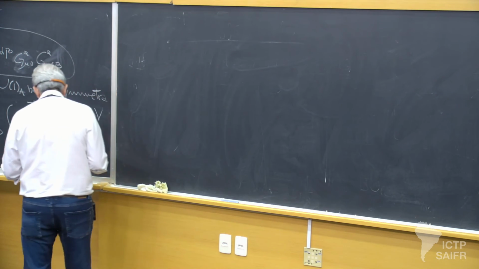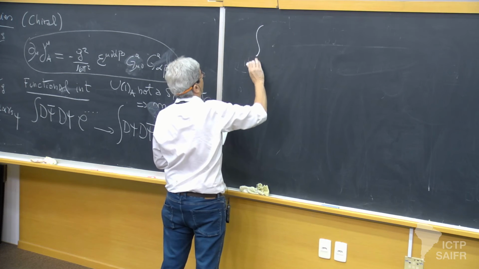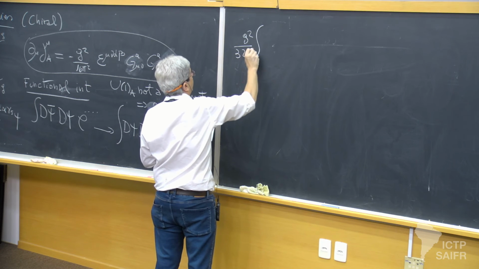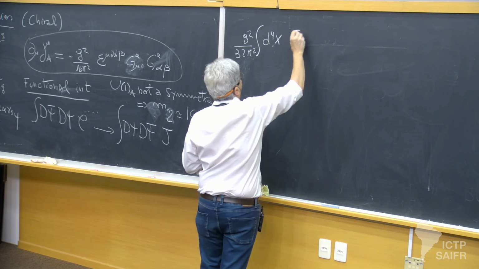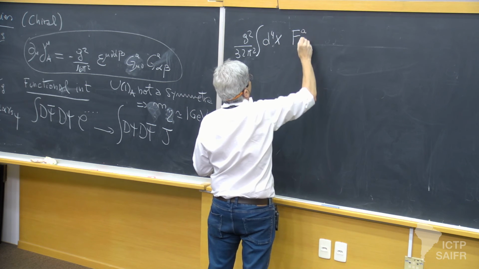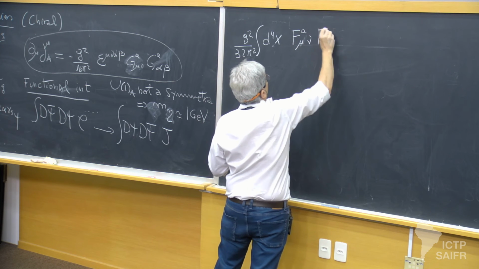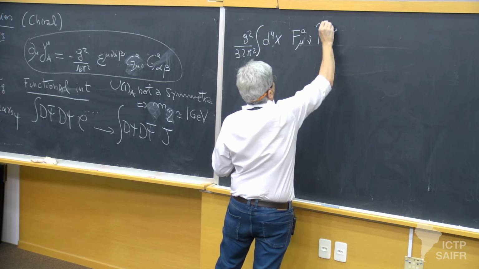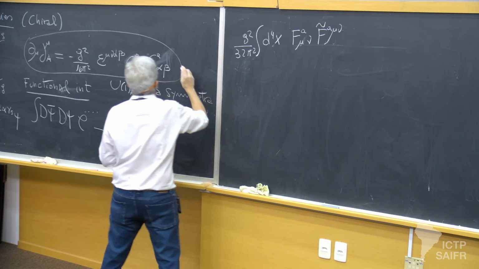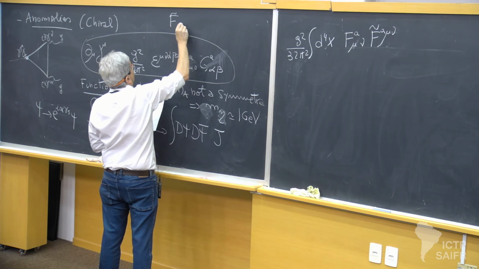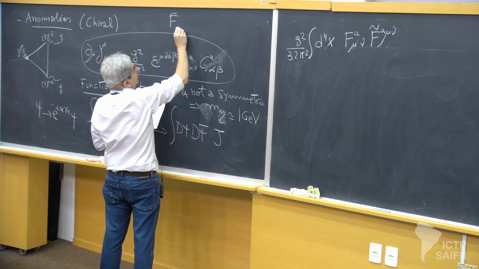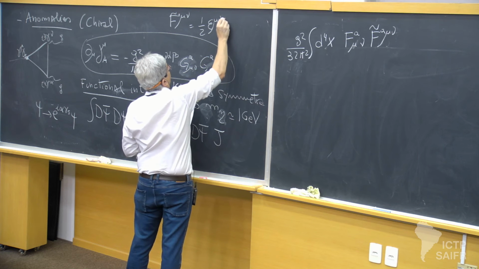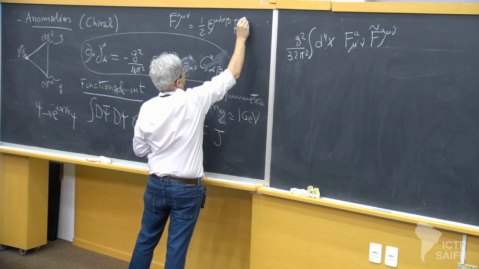But the Jacobian really is an integral. So when you look at this, I'm going to write it as g squared divided by 32 pi squared, d for x f, whatever the non-abelian field is, could be SU2, could be f a, I'm sorry, dual mu, where the dual, I'm going to define it here, f dual mu nu is 1/2 epsilon mu nu alpha beta f alpha beta, okay?